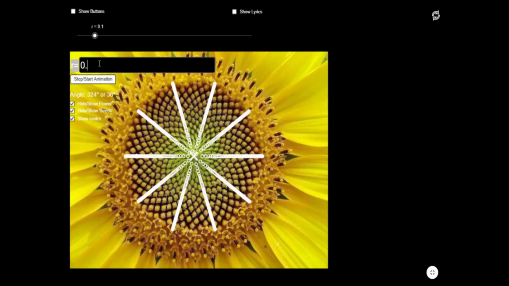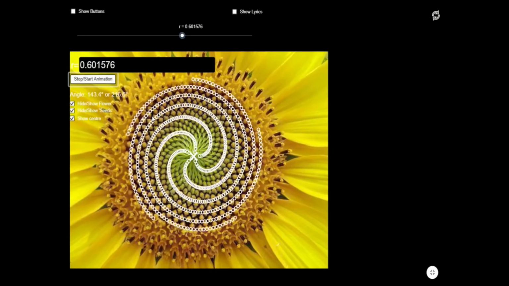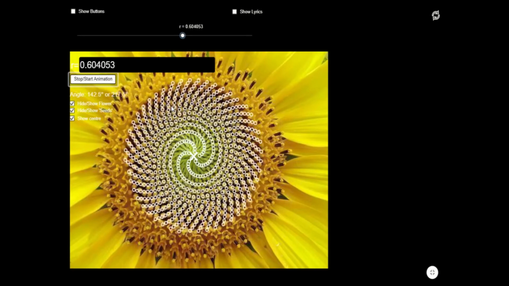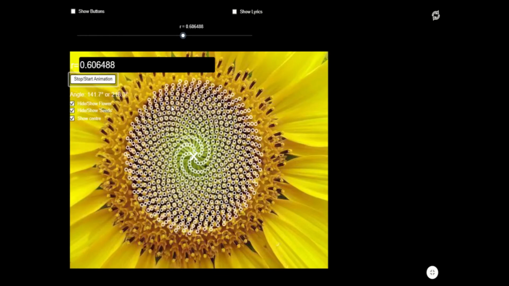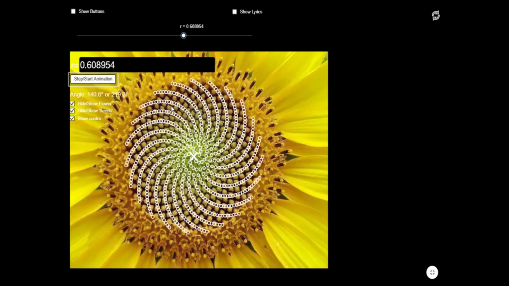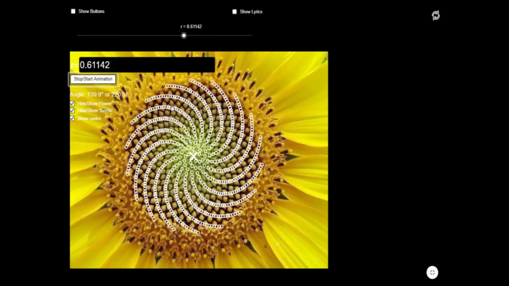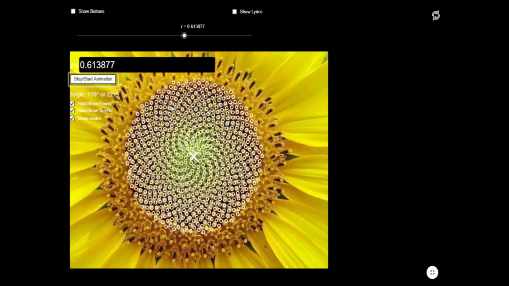So if we start this running from 0.6, then what we'll see is that when we approach 0.618, which is equal to the golden ratio minus 1, then it would actually look the most like the spread of the sunflower seeds. Why are we picking 0.618? Well, this is because if we picked 1.618, then when we go around an entire once, it would just land us back at the place we were at.